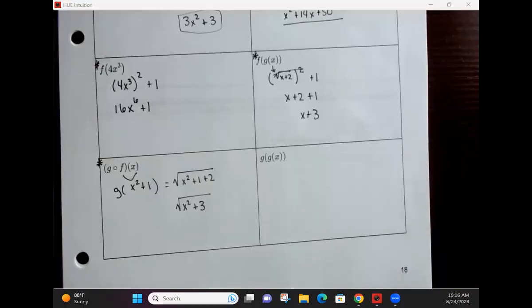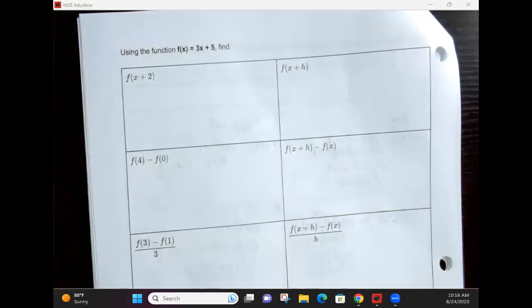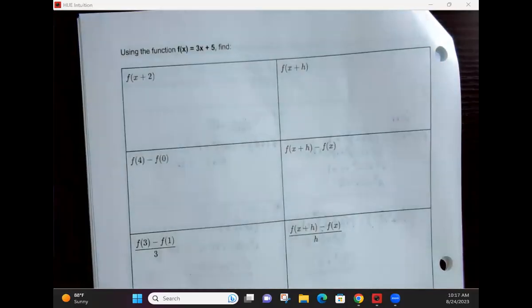Alrighty, turn the page for me. Alrighty, new function here. A lot of the same types of things we just did, okay? Evaluating at expressions instead of numerical values. But we're kind of building up to something here.